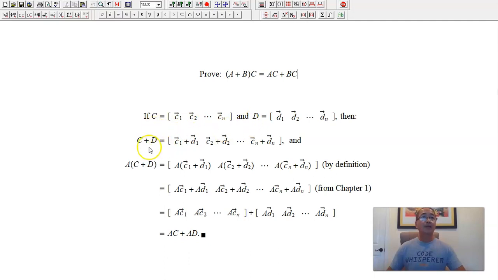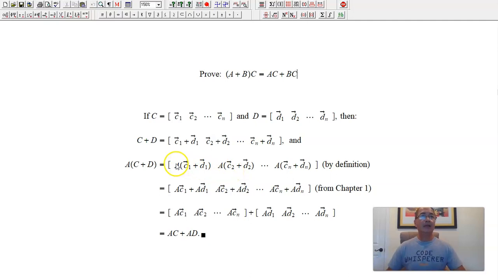So we add them together first, and when we do that, we just add the pairs of columns together. So in column 1, we will get C1 plus D1, and so on. So now, when we multiply by A on the left, we will multiply each of these columns by A on the left. Again, that's the definition of matrix multiplication using the matrix on the right partitioned into columns.